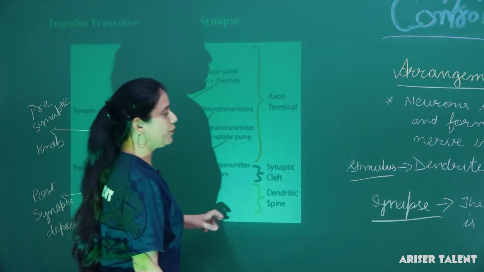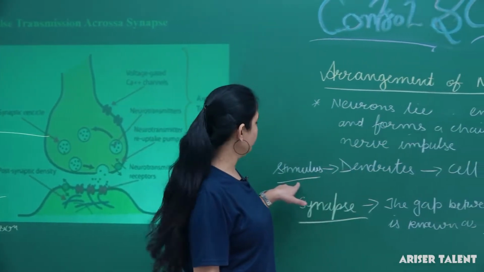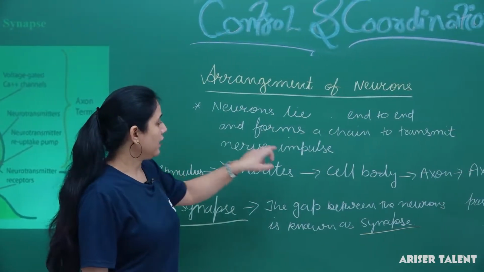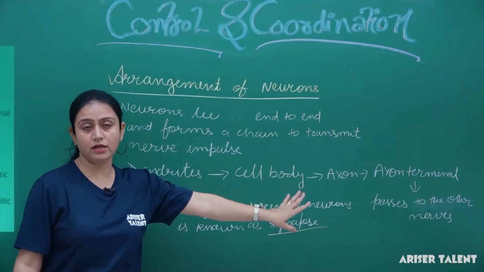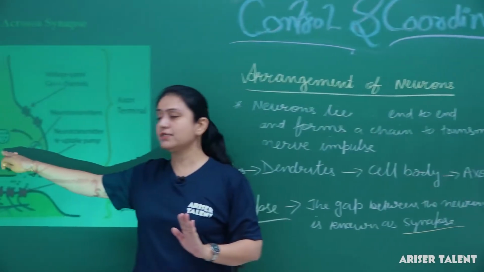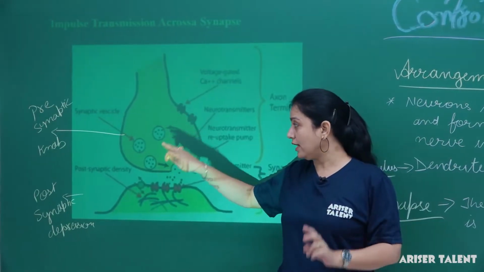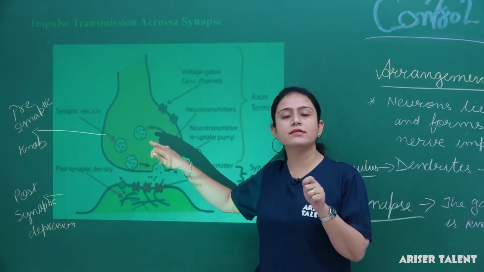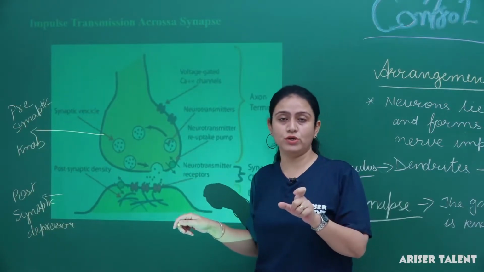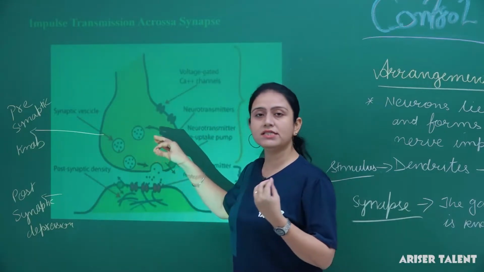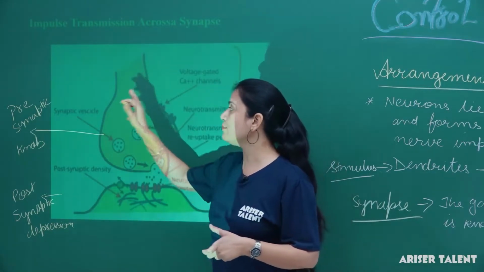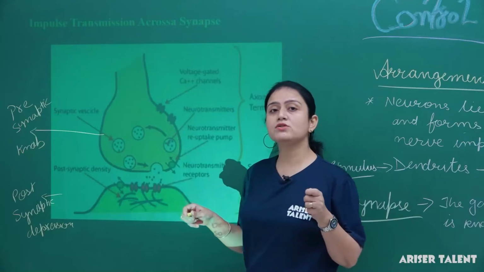As I told you, when a dendrite receives a stimulus, it passes to the cell body, then to the axon, and from the axon to the axon terminal. When the axon terminal receives stimuli, its end expands and forms the presynaptic knob. Why is it known as presynaptic?